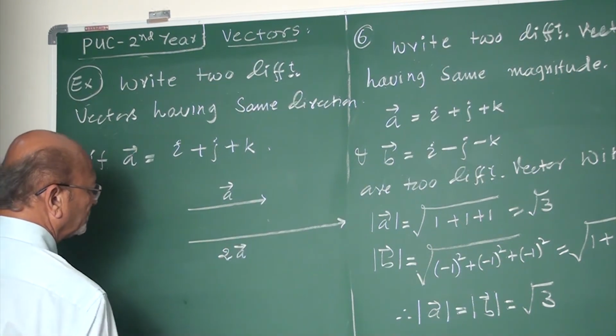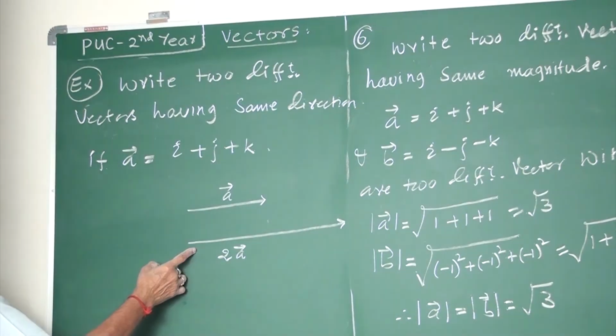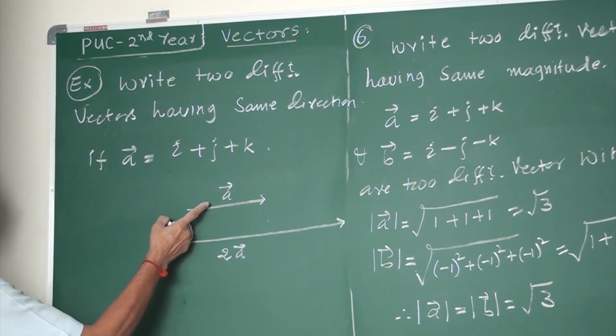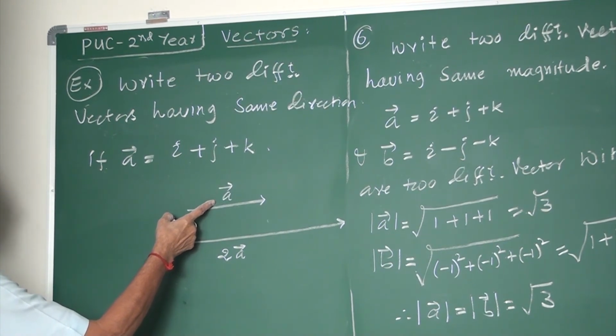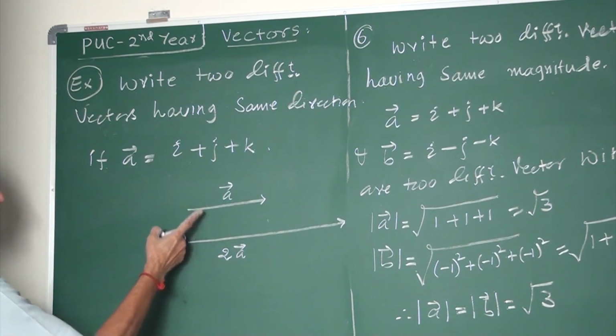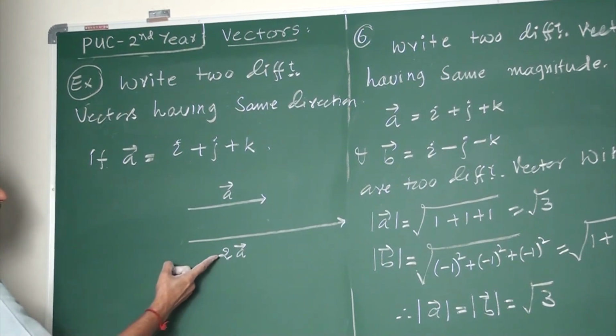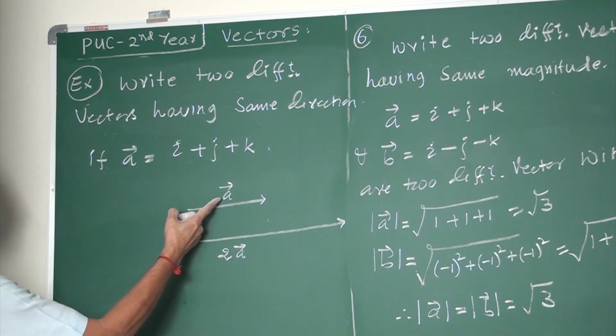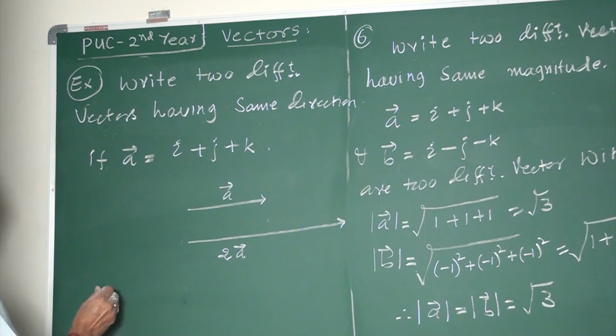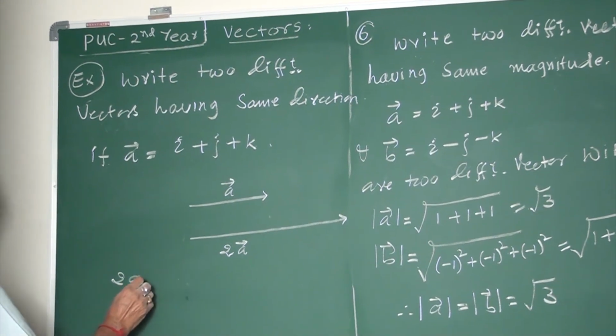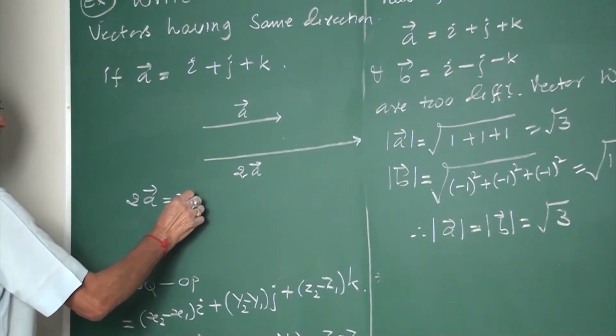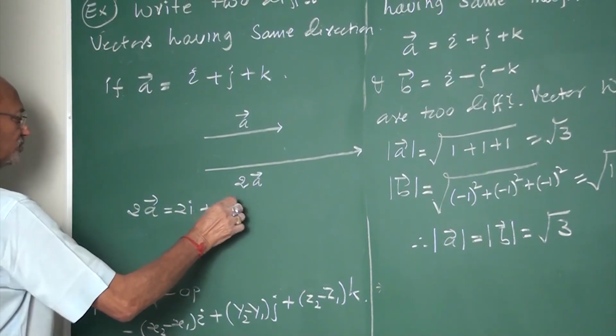Then, what is 2A? It is a vector whose magnitude is 2 times the magnitude of vector A, and its direction is the same as vector A. Magnitude is 2 times, and directions are the same. Therefore, 2A equals 2i plus 2j plus 2k.